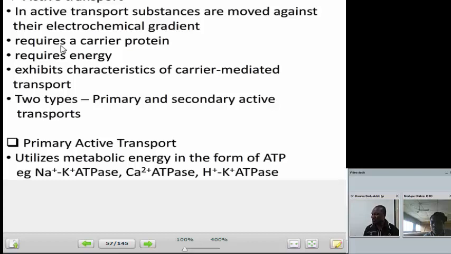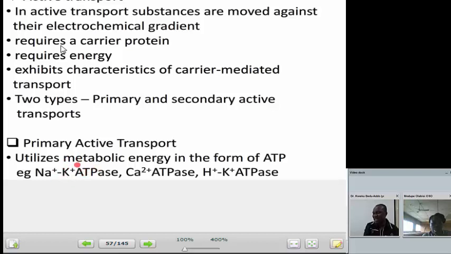Primary active transport utilizes metabolic energy in the form of ATP, right? Adenosine triphosphate. ATP is adenosine triphosphate. It's the energy source mainly in cells. And examples of active transport processes are the sodium-potassium ATPase, the calcium ATPase, and the hydrogen-potassium ATPase.